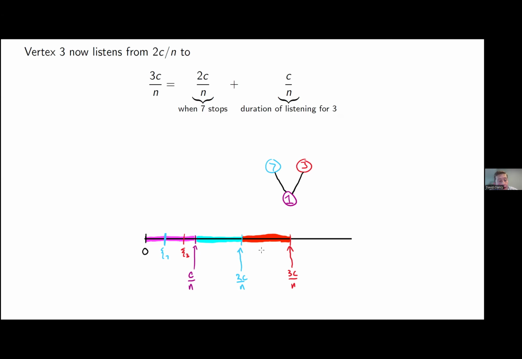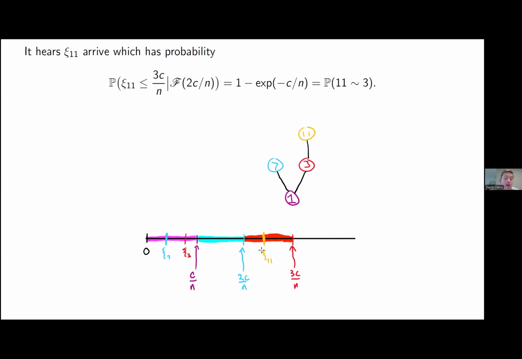Right, so some vertices could arrive, some couldn't. But in this case, for a generic vertex, say vertex 11, the probability that it arrives before time 3c over n, given all that we know before time 2c over n, so whenever we start listening for vertex 3 until when we finish, is going to be 1 minus e to the minus c over n.